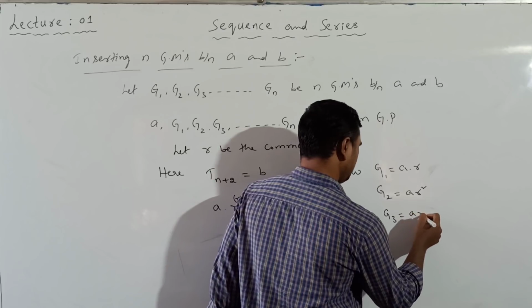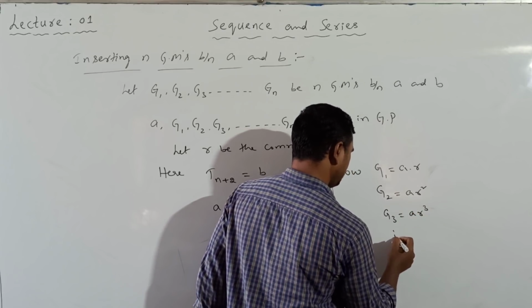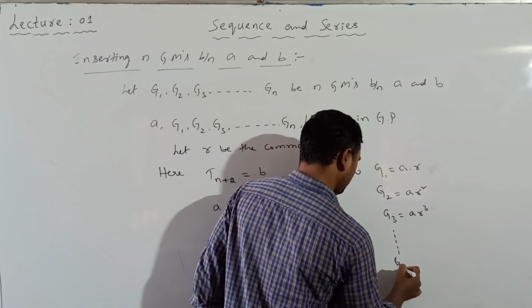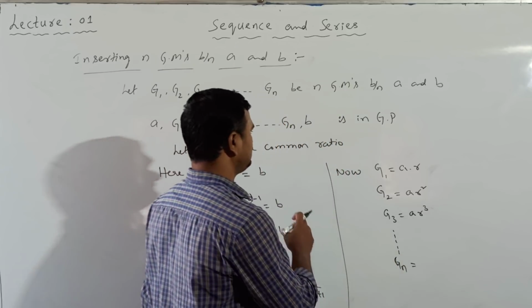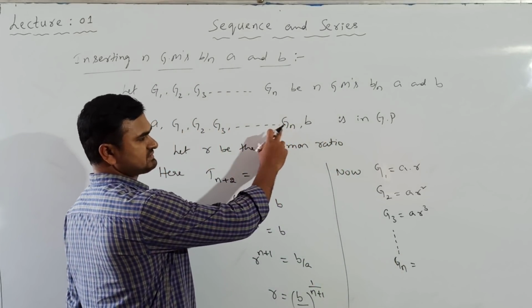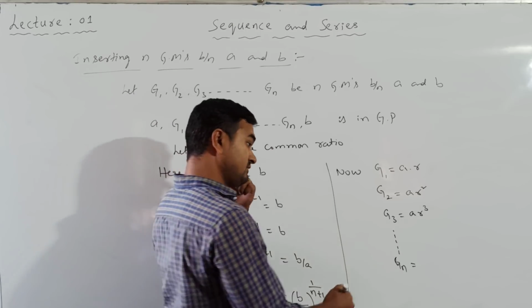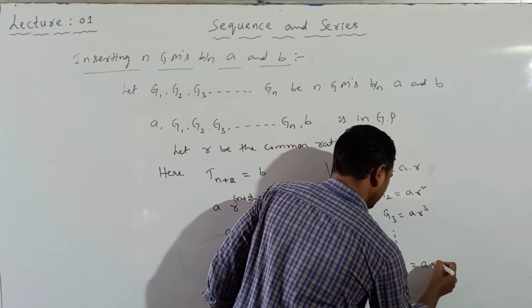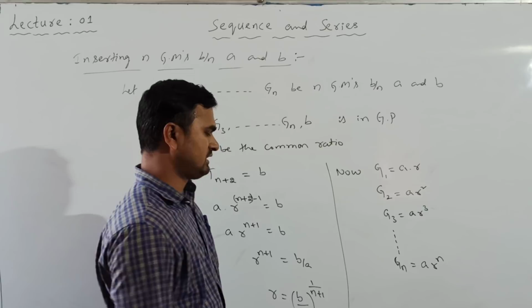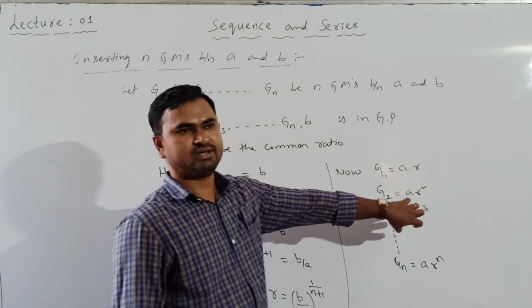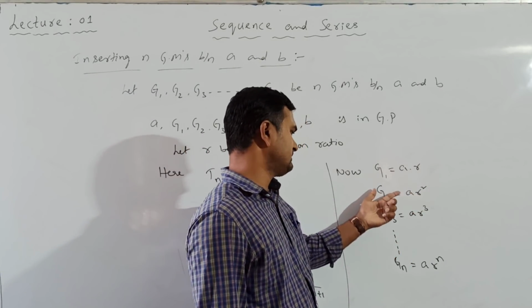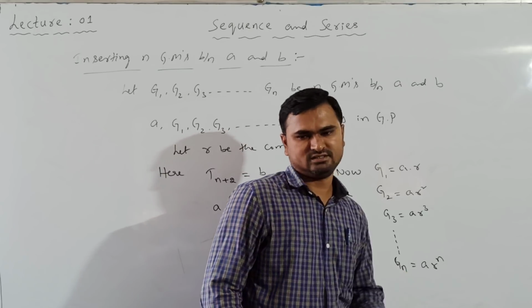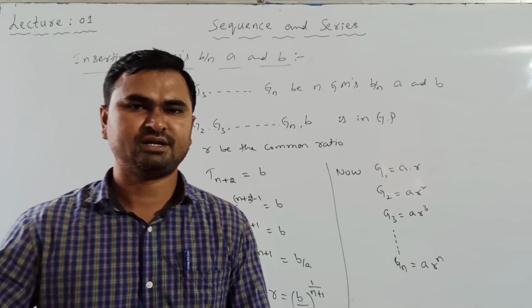So G3 will be the fourth term, that is A R cube, and so on. Gn, that is the nth geometric mean, is the n plus 1th term of GP, A R power n. We already know R, so just substitute R here. Then we can find G1, G2, G3 up to Gn. This is the geometric mean.